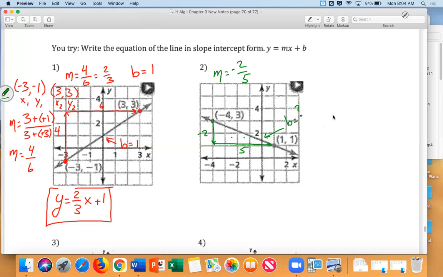All right, so here's the thing. With these types of problems, we can't necessarily just take the information and plug it into y equals mx plus b. We might actually have to find b. Now, we have all the information we need to find b. So what I want everybody to do is write down these steps.